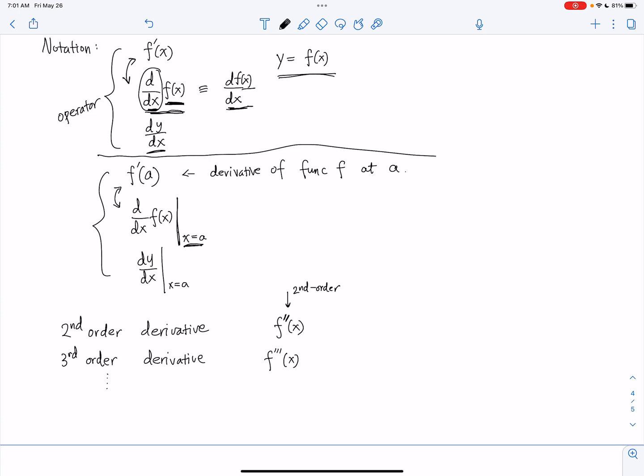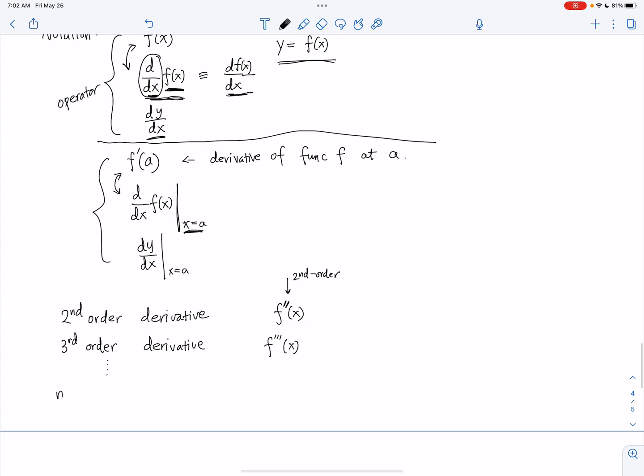But you don't want to write too many primes. If I give you something like this, you have to count: 1, 2, 3, 4, 5, this is the 7th order derivative. That's not a good idea. So if you get a higher order derivative, you just write a number for that. For example, the nth order derivative, I just write f^n(x).